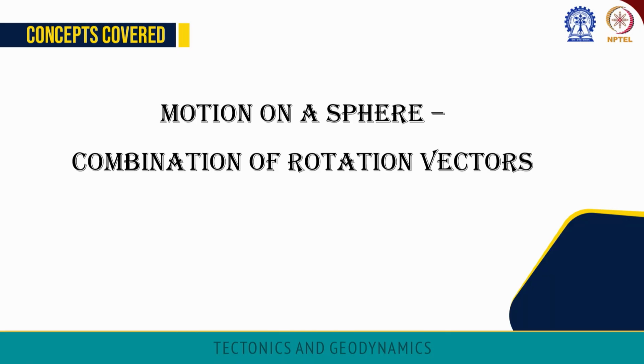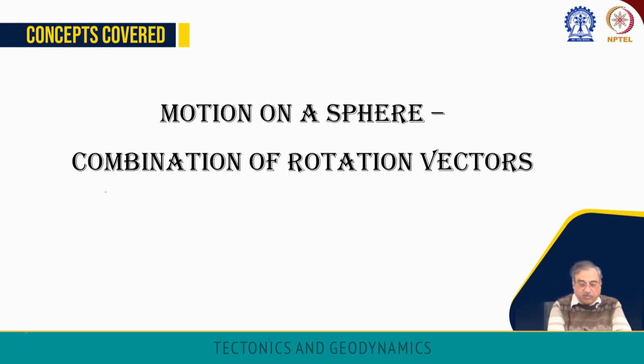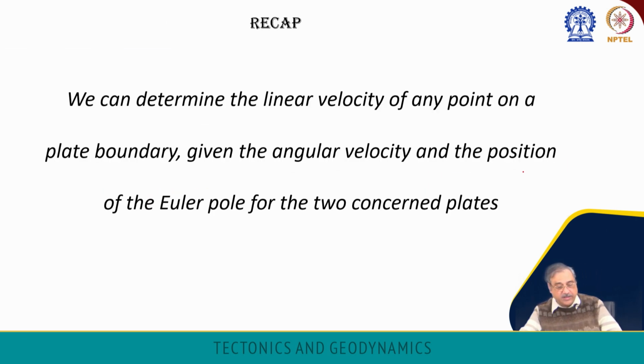Okay, so the part that we are going to be concentrating on is just this part here, based upon the combination of rotation vectors, what exactly happens when we combine them.